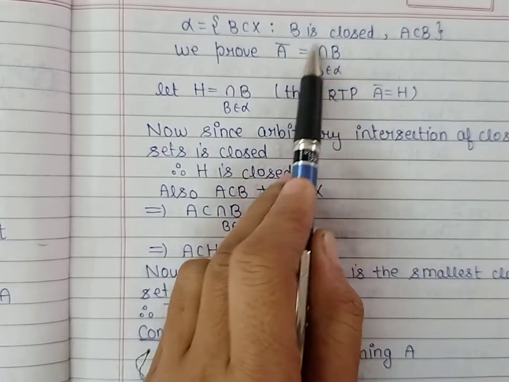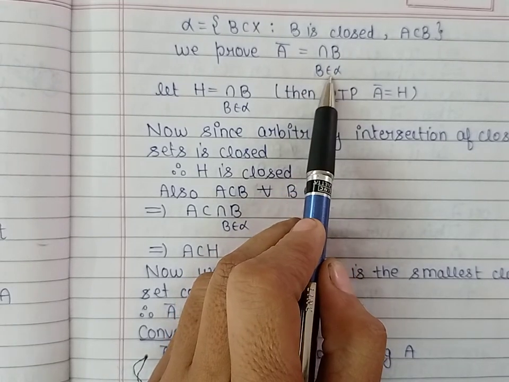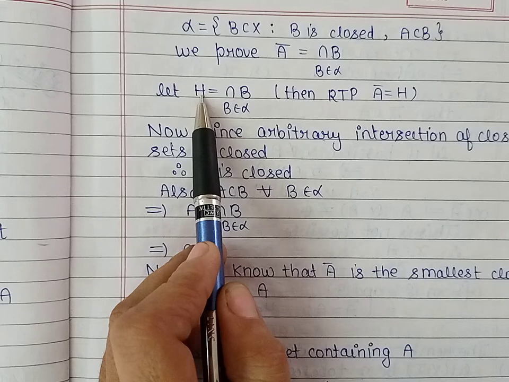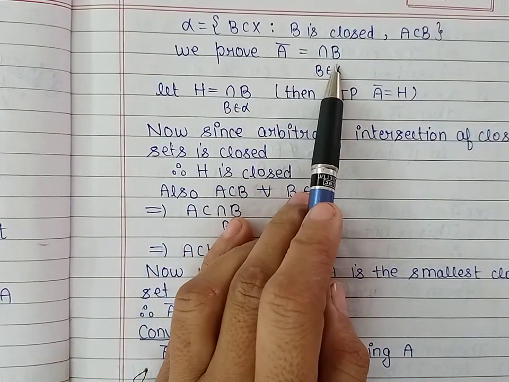Let us denote the intersection of the members of the collection alpha by the set H. Now we are to prove that A closure is equal to H.